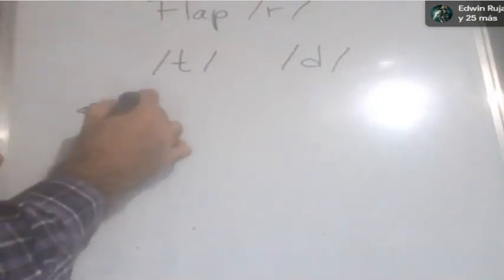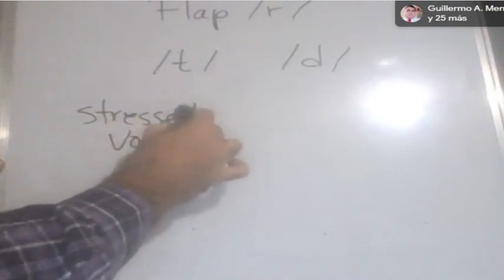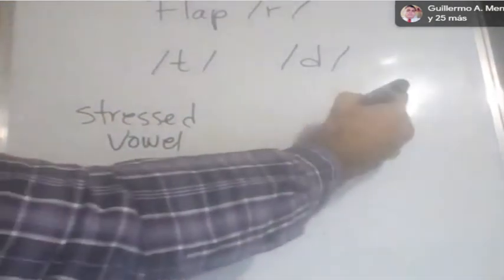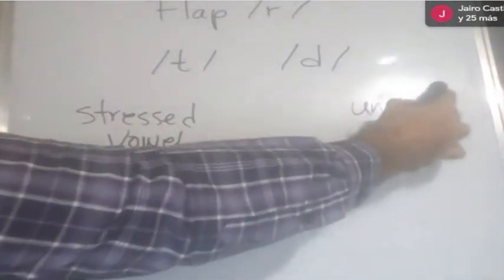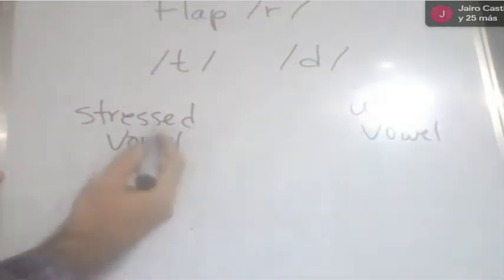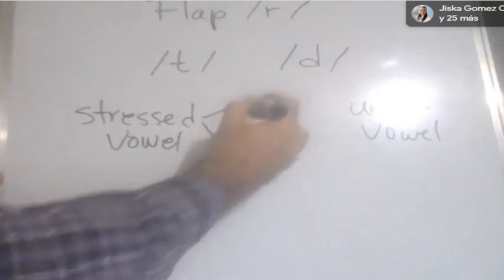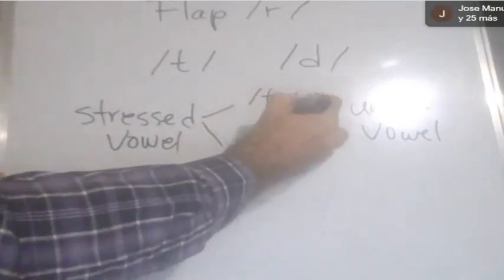And the environment for this affectation should be stressed vowel, unstressed vowel, and right here in the middle, having the t or the d.